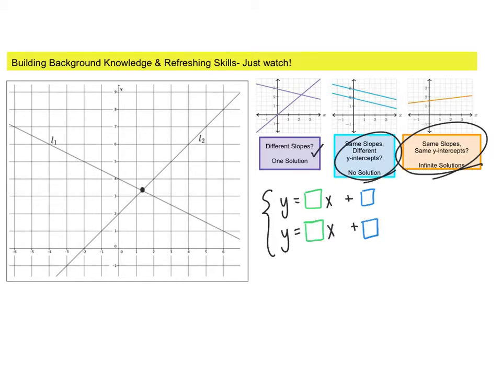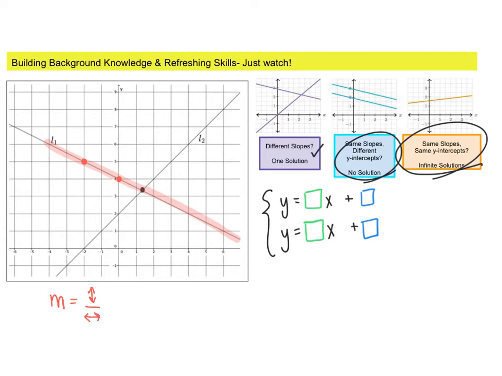So I'm going to start with this line right here, and I'm going to find the slope. So to do that, I need to find 2 points that are directly on the crosshairs of this line. So I see one right there, and I see one right there. And to find my m, I'm looking for the rise over the run.